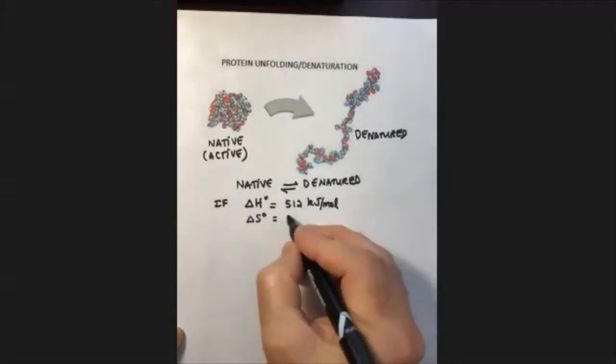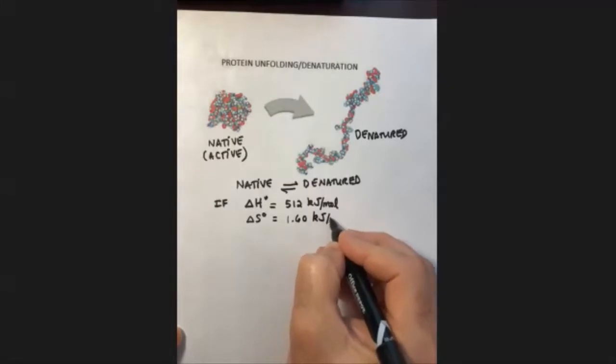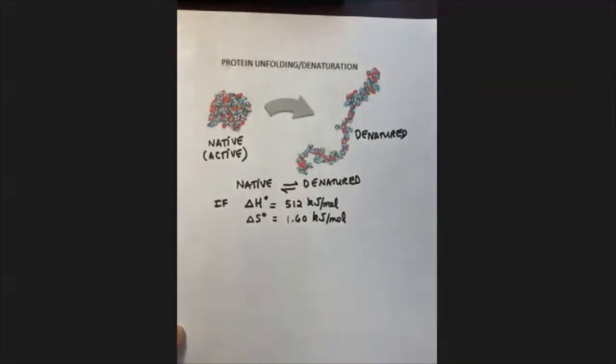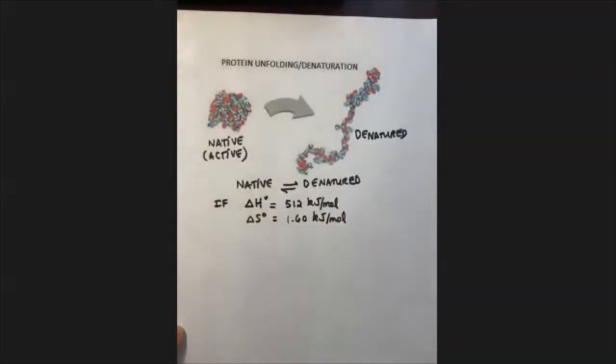So this is 1.60 kilojoules per mole. Does it make sense that the entropy change is positive? Yeah, because you are going from a highly ordered to a disordered structure, so it makes sense that it'll be positive, right?